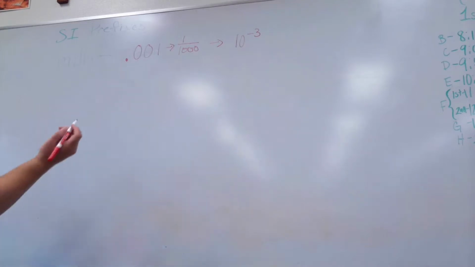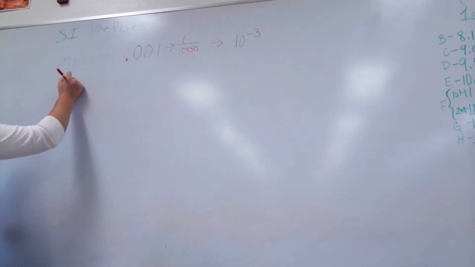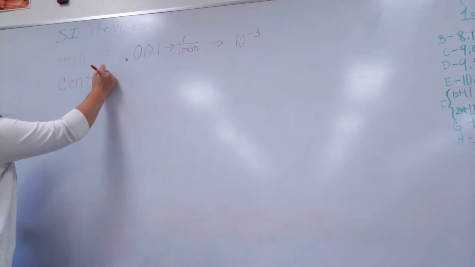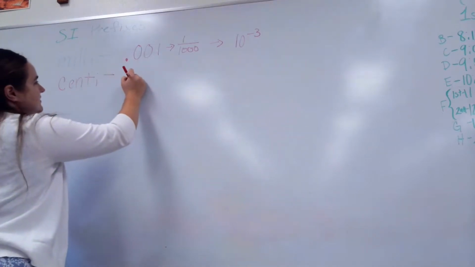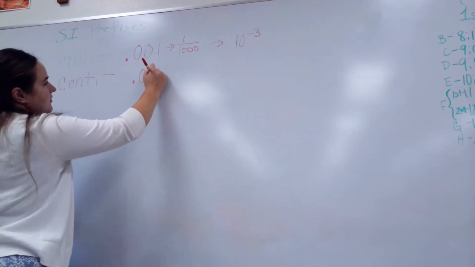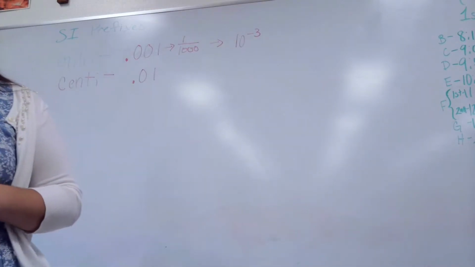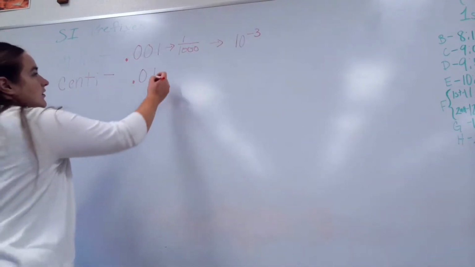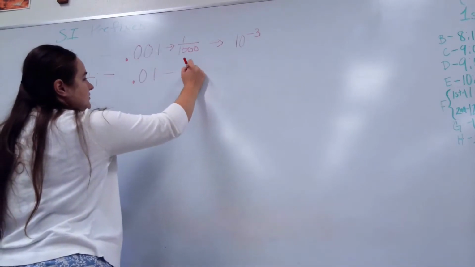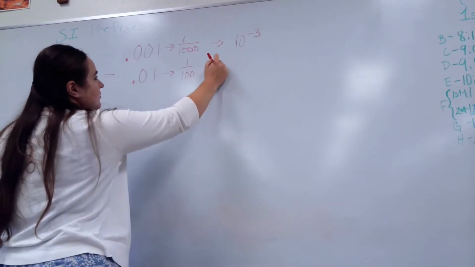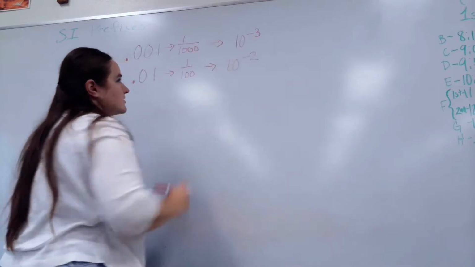The next one is centi. We already kind of talked about this. This is going to be 100th, or 1 over 100, or 10 to the negative second.